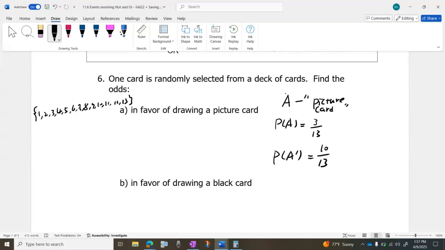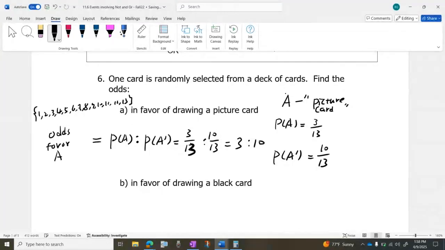Then what's the odds in favor of A occurring? The odds in favor of A occurring would be P of A to P of A prime, which is 3 over 13 to 10 over 13, which is 3 to 10. 3 to 10 means the chance of winning, let's say if you draw a picture card is winning, the chance of winning 3, the chance of losing 10.